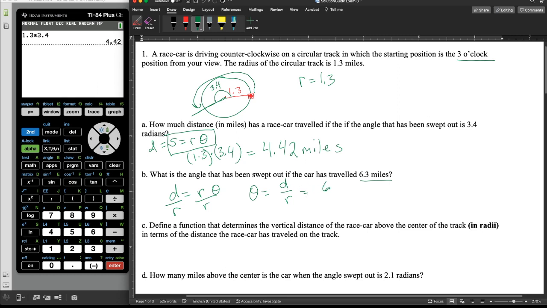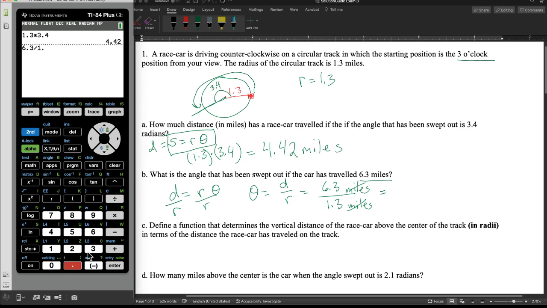So the distance is 6.3 miles, right? The radius is 1.3 miles. Right, and miles are going to cancel out. We're going to be now in terms of radians. So we just come over here and 6.3 divided by 1.3. And again, for this particular calculation, we don't need to be in radian mode. We can be, but it's not critical.